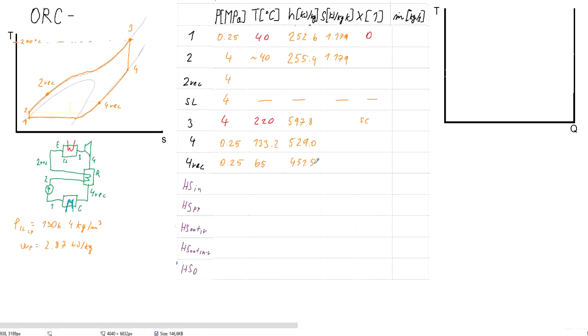The recuperated heat 4 minus for recuperated is 77.5 kilojoules per kilogram, and from that we can get the point 2 recuperated, which has the enthalpy of 332.9 kilojoules per kilogram, and the temperature would be 96.1.